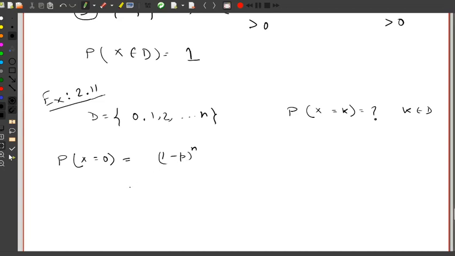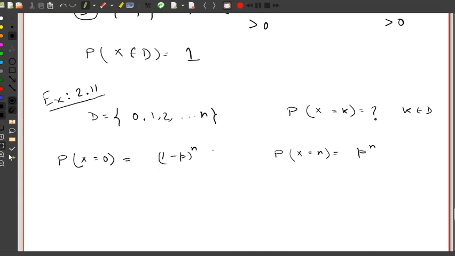On the other hand, the probability x equals n is also very simple. This means that all the outcomes are successes, so it is nothing but p to the power n.